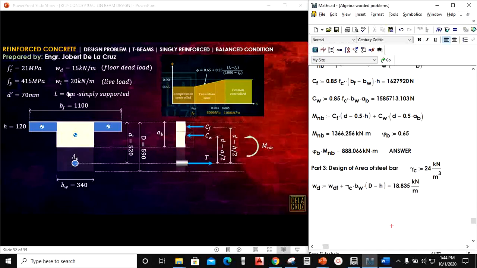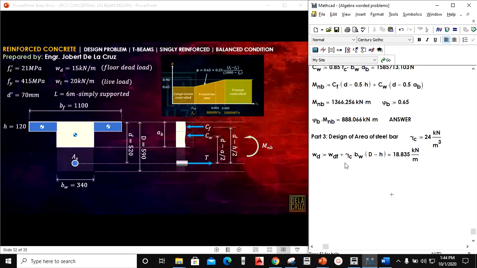And of course, we have the live load here. So by using the basic load combination 1.2 of W dead load plus 1.6 of W live load, ito yung factored load natin.